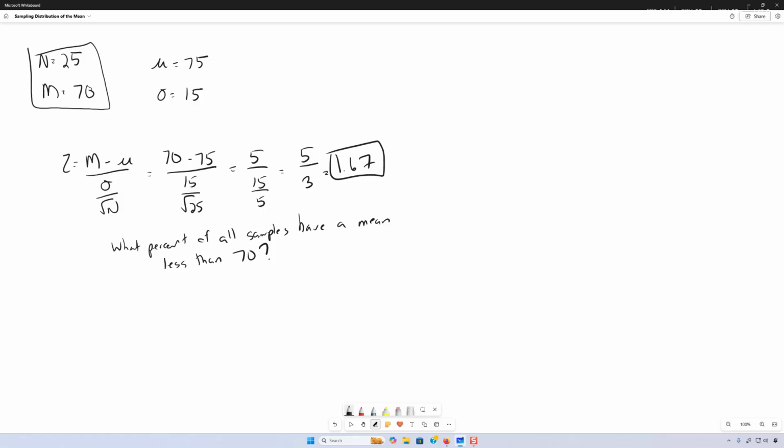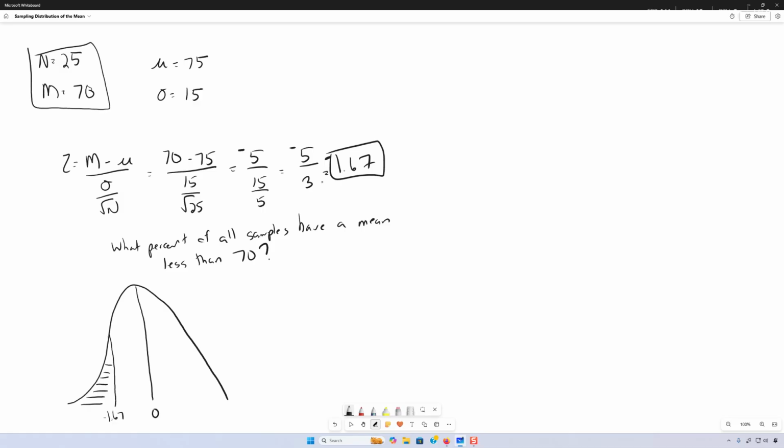Let me rephrase that. What percent of all samples have a mean less than 70? Draw the curve. Not a great curve here, but 0. I'm at 1.67. Actually, this is negative. Sorry about that. It's a negative 1.67 because it's a negative 5 on top. So I want negative 1.67. I want this tail.